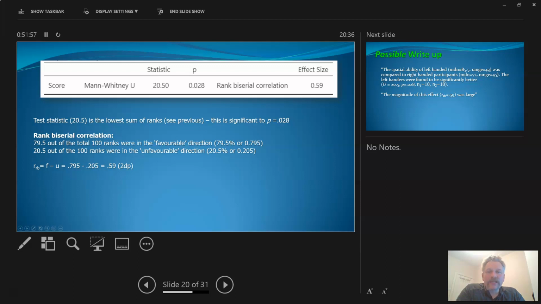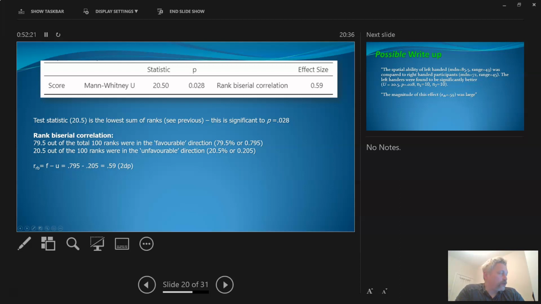Again, how this is calculated is that we compare the ranks that were favorable versus those that were unfavorable. So 79.5 divided by the 100 ranks gives us a value of 0.795. 20.5 divided by 100 is 0.205.